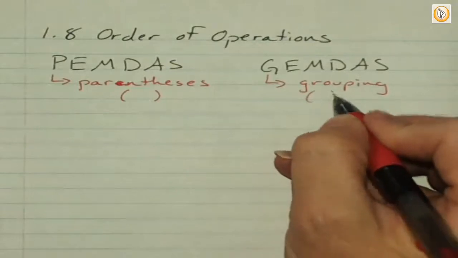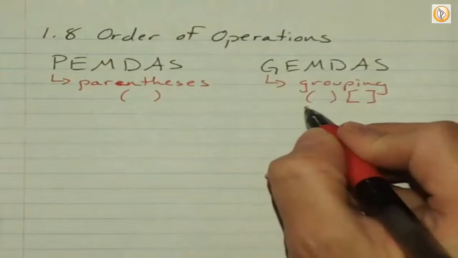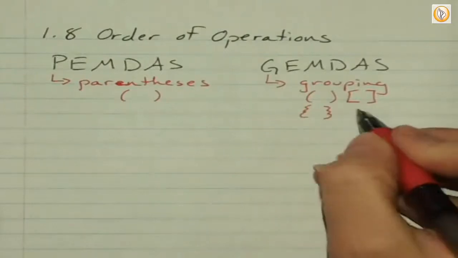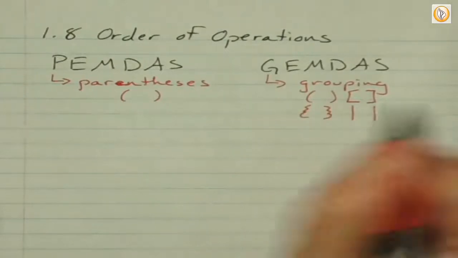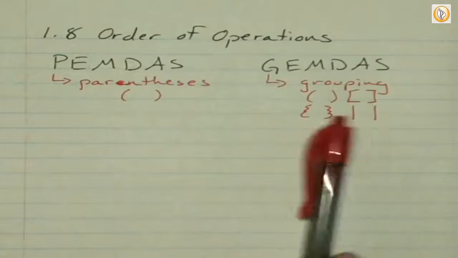So with grouping, it can be regular parentheses, brackets, fancy brackets, or even absolute value. Right? It's just grouping. So grouping comes first.